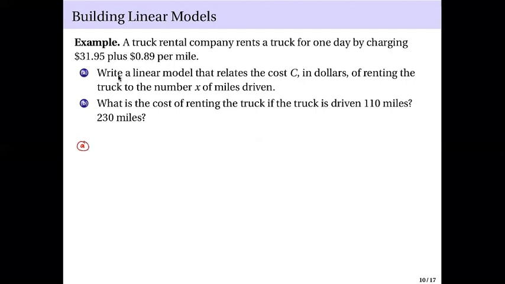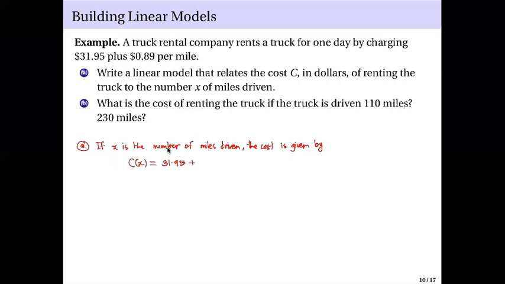So for letter A, we already have the representation for the cost, which is C. If X is the number of miles driven, the cost is given by C of X. This is equal to, so we have a fixed rate here, 31.95, plus 89 cents per mile.